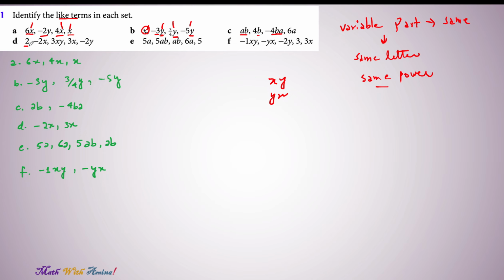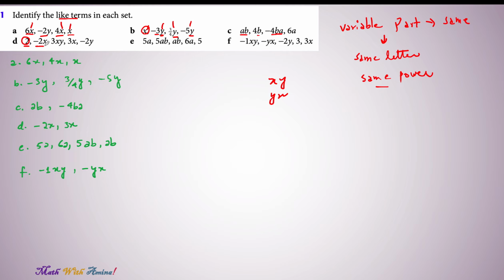We have 2, a constant, minus 2x, 3xy, 3x, and minus 2y. So in here we see that there are different terms, and each term is probably different. For example, this is a constant, it doesn't have any variable.